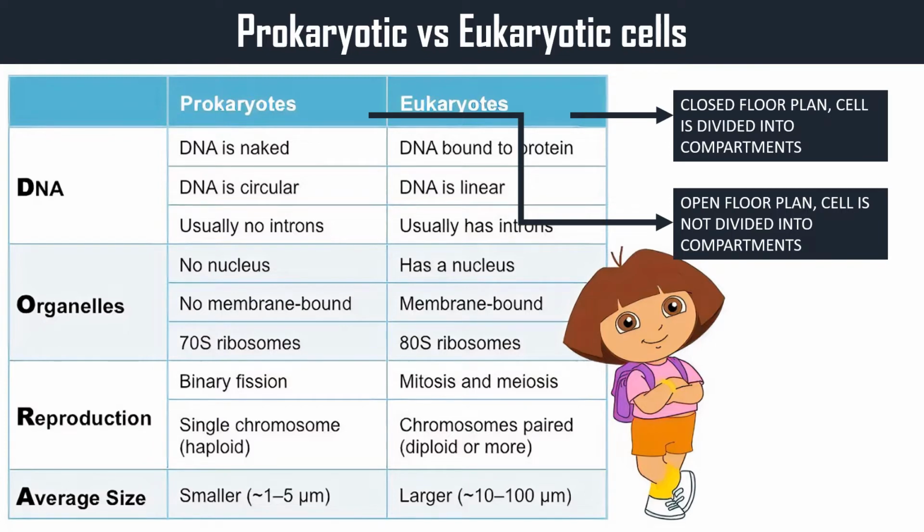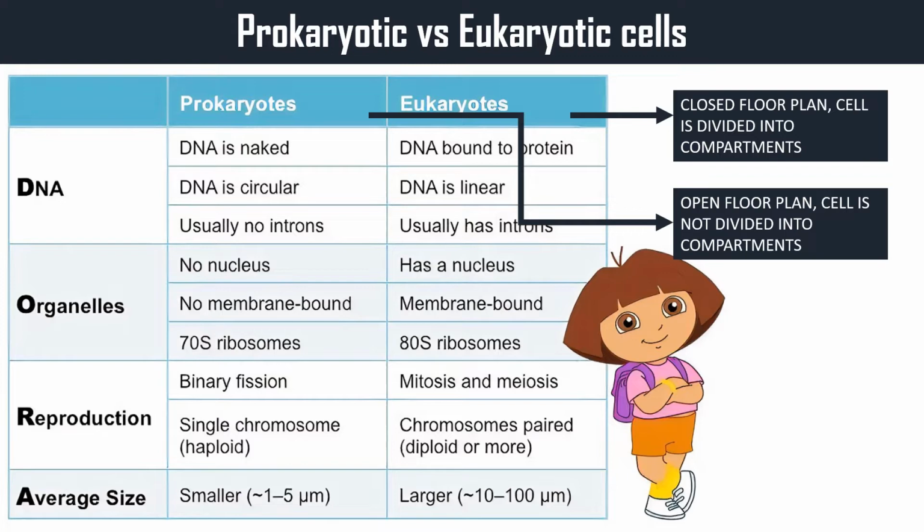For eukaryotes, we say that eukaryotes have a closed floor plan, which means that the cell is divided into compartments. The organelles in eukaryotes are membrane bounded. The membrane bounded organelles allow some cellular material and processes in the eukaryotic cell to be separated from one another.